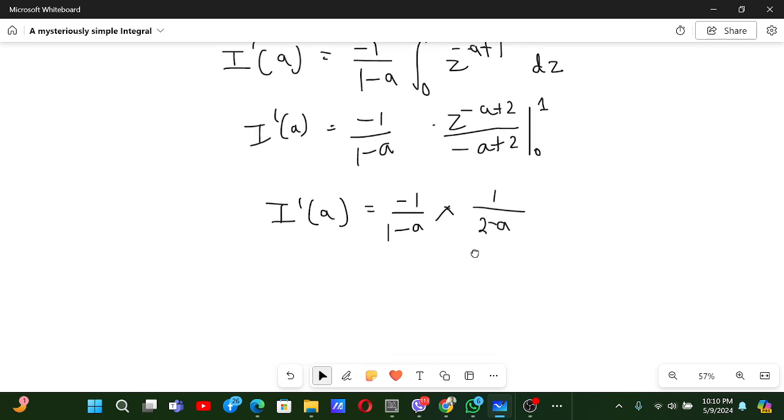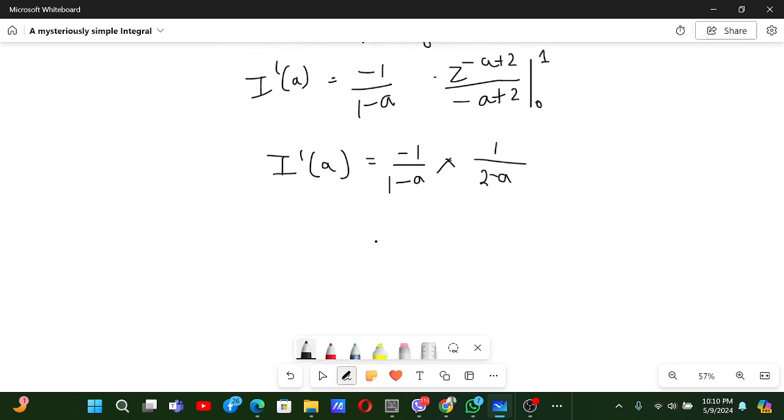We might notice that this expression can be written in terms of partial fractions as 1 by 1 minus a minus 1 by 2 minus a. Is that right? I'm probably wrong, I think it's the other way around. Let me see.